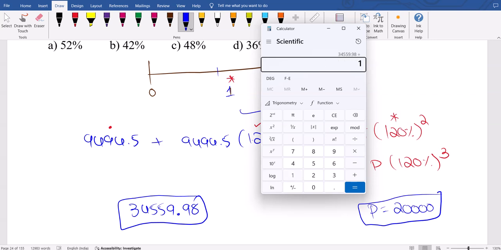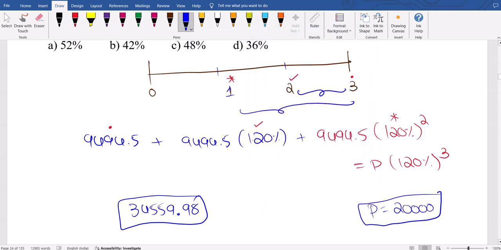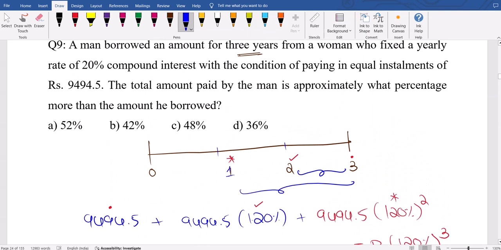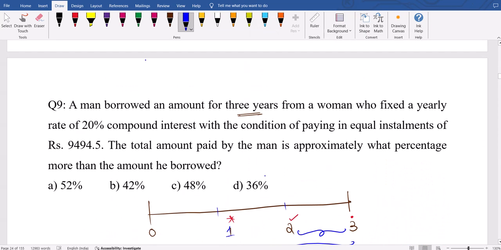Only divide by 1.728, which is okay, close to 20,000 approximately, or 19,999.98. 20% concept, 3 years: 20 plus 20, 44, 44 and 20, 64 and 8.8. We should get close to 72.8% required, but it's not there in the options.